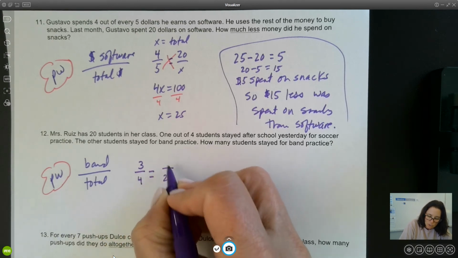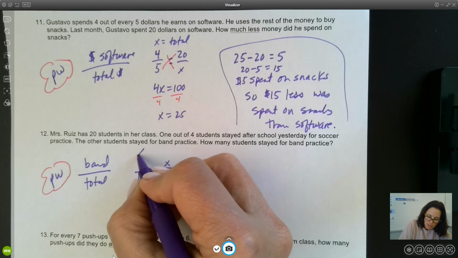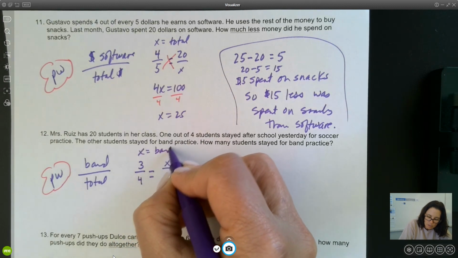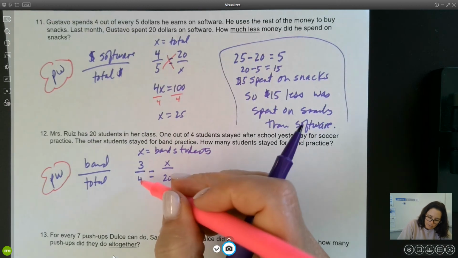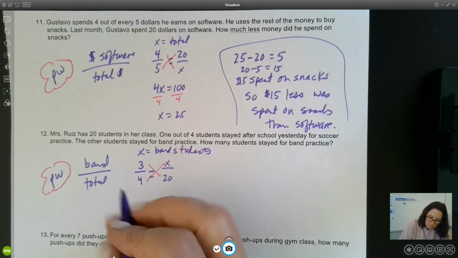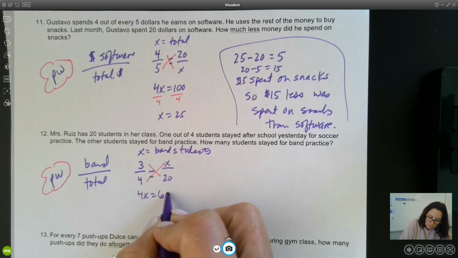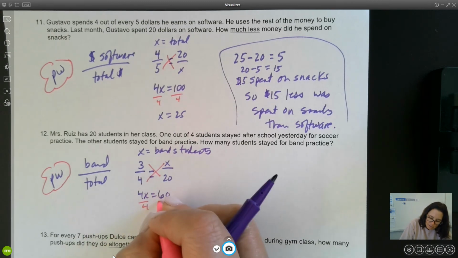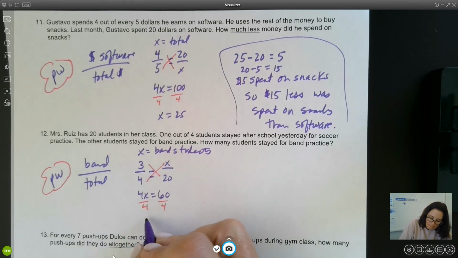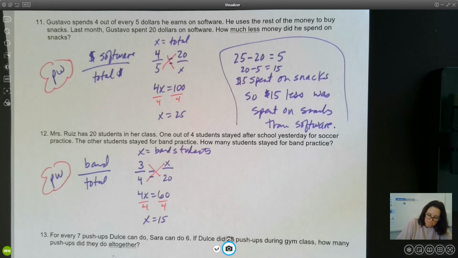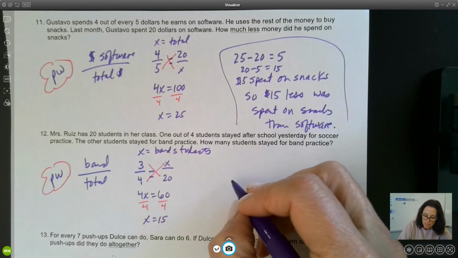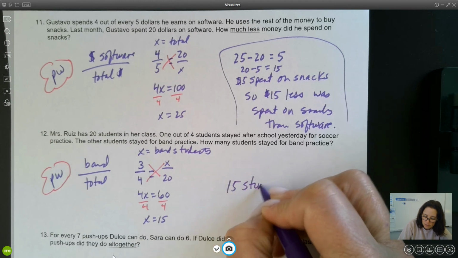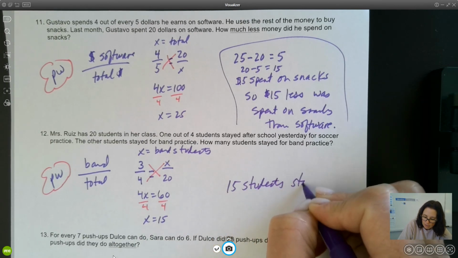And we've got 20 total students, and we've got an X. X stands for band students. So we've got 4x equals 60. Divide by 4. X equals 15. 15 is the number of band students. That's our answer. 15 students stayed after for band.